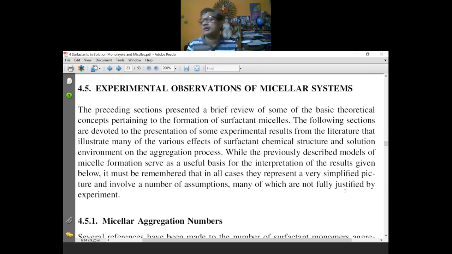Then I need to characterize. We have already discussed a lot on the thermodynamics of micellization. It is an entropy driven process. We will discuss these points. Now I need to go into characterizing a micelle. I need to study the surfactant aggregation phenomena.